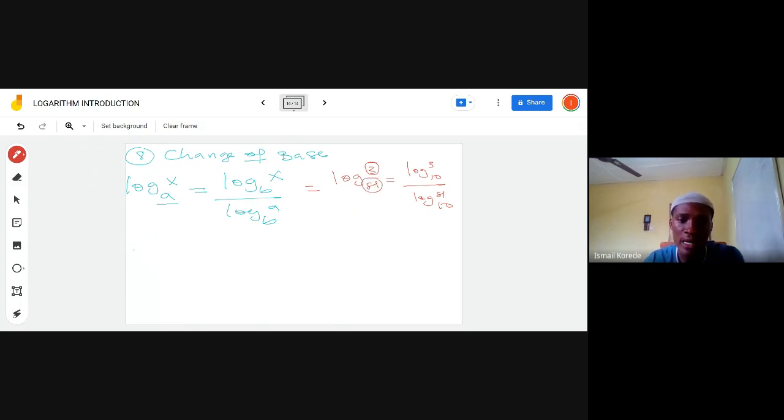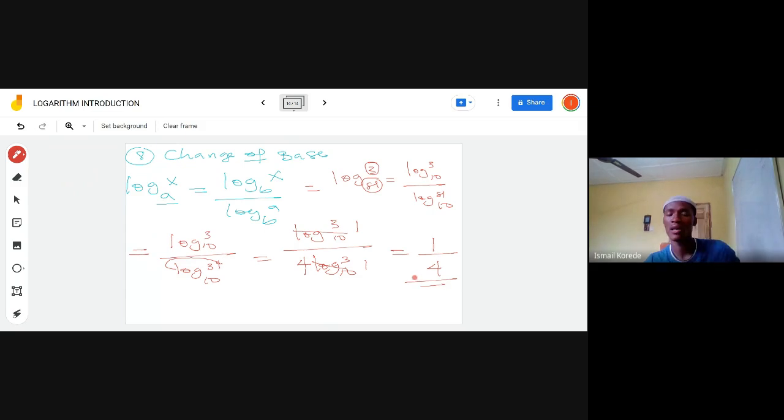So now I can continue further by doing log 3 base 10 over log of 81, which is 3 to the power of 4, base 10. So I can move this 4 to this side, so I can have log 3 base 10 over 4 log 3 base 10. So log 3 base 10 over log 3 base 10 is just like saying you have 2 over 2. So you can cancel out this 1, this 1. So I have 1 over 4, just like we have in the other examples.